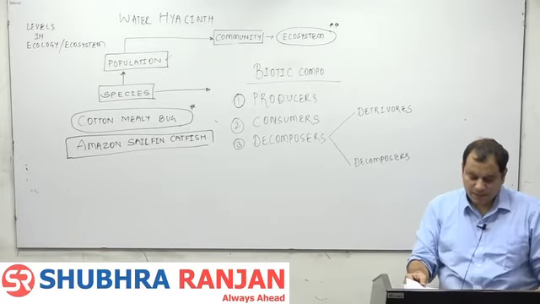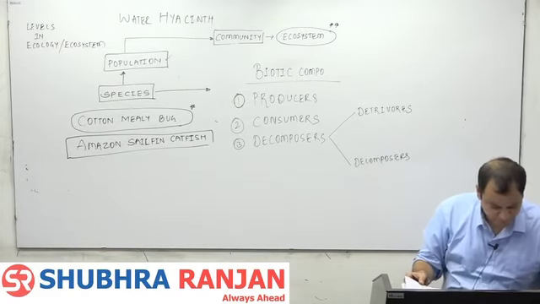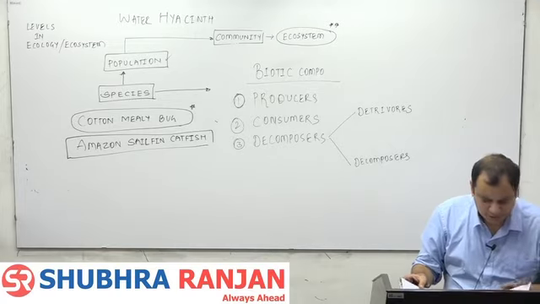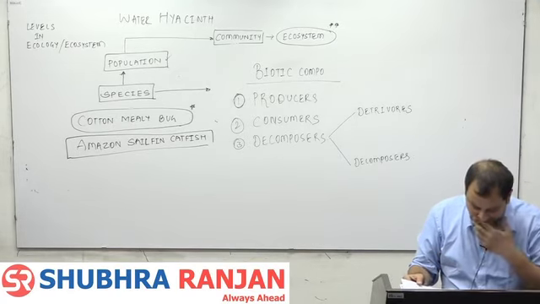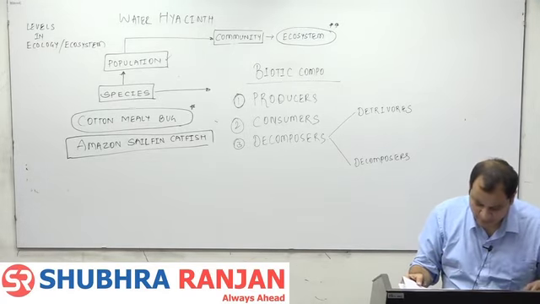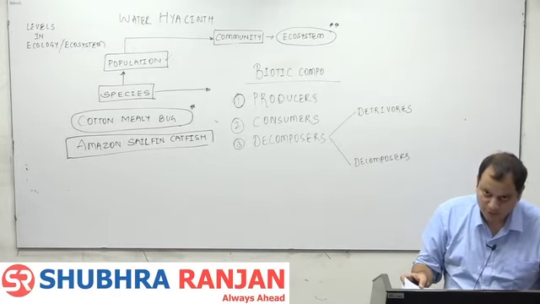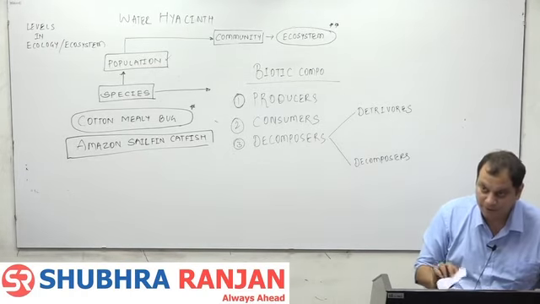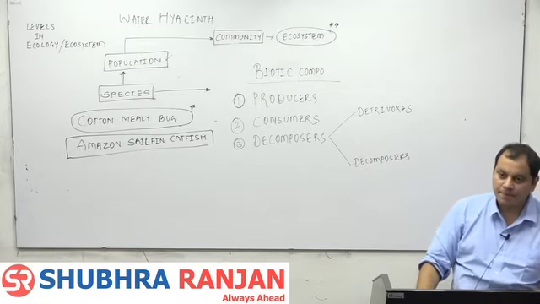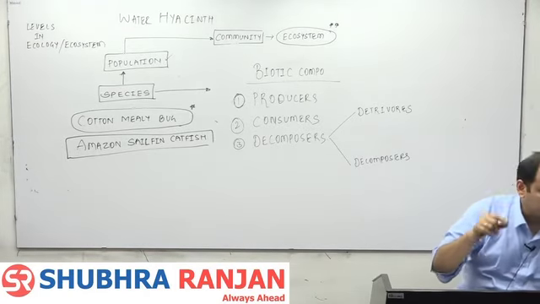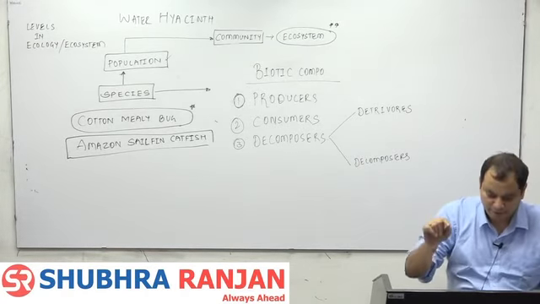Sandalwood. Sandalwood is a vegetation of moist deciduous or tropical evergreen? Moist deciduous. And where is sandalwood naturally found? In Karnataka. So statement 1 is right and statement 2 is wrong. Fine? Why? Because it is not of a tropical rainforest.